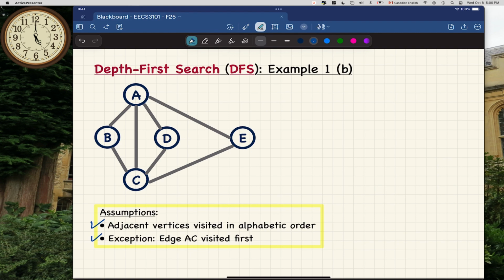Okay? I'll just draw the table very quickly for you, and then you can do the rest. So here, what we have is, we still have our A, B, C, D, and E. And we got adjacent vertices.